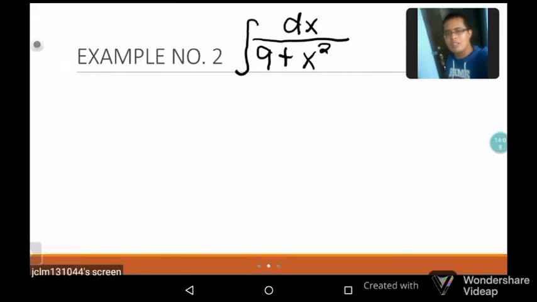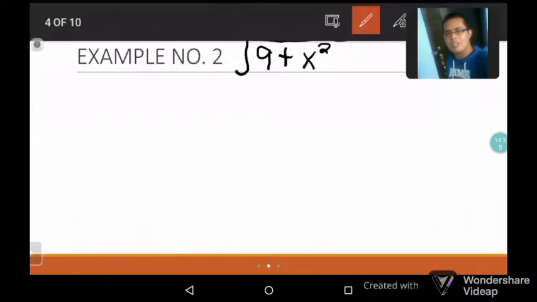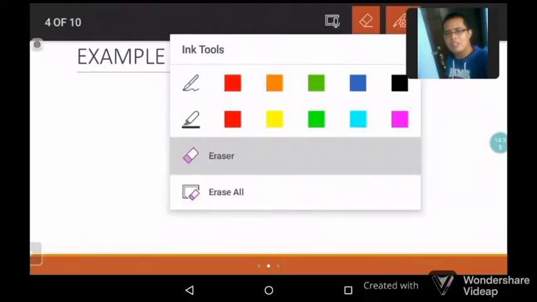Okay? Sulat natin. So, plus u squared. Okay. So, integral of du over a squared plus u squared, ano to?